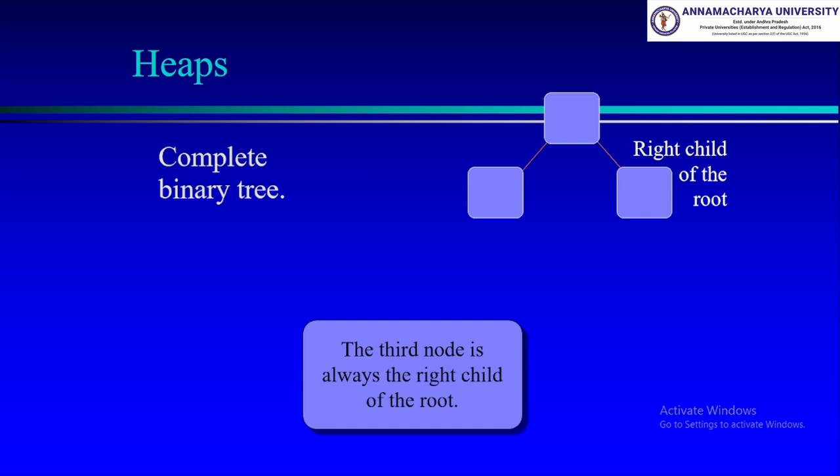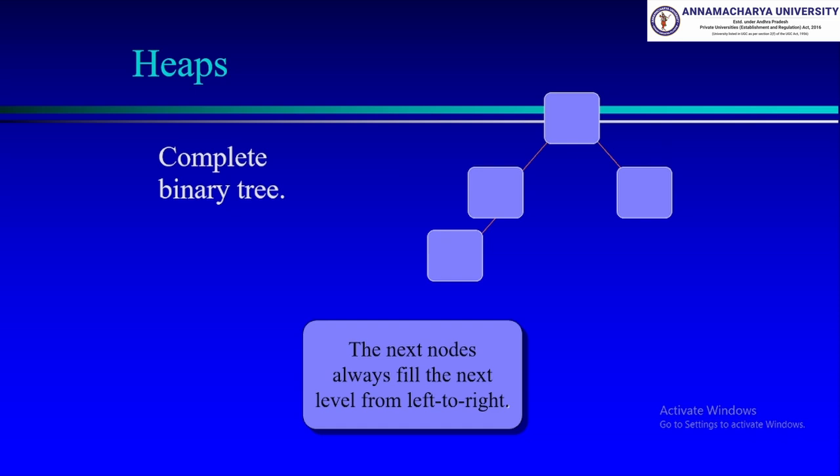The third node is always the right child of the root. The next nodes always fill the next level from left to right. In a similar way, all the remaining nodes are constructed. Then it is called a complete binary tree.